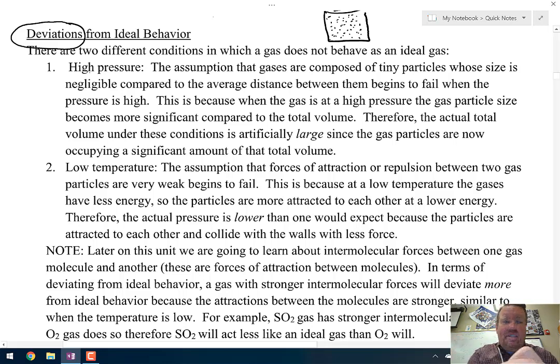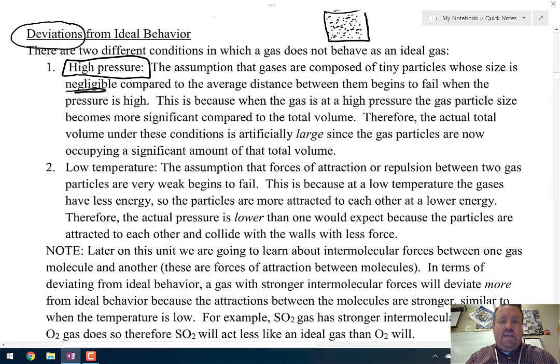As the pressure gets high, the more and more gas you put in there, the higher and higher the pressure gets, and they start taking up even more of that space. So the assumption that gases are composed of tiny particles whose size is negligible compared to the average distance between them begins to fail when the pressure is high.